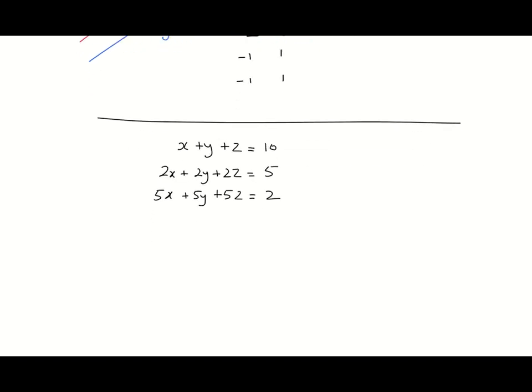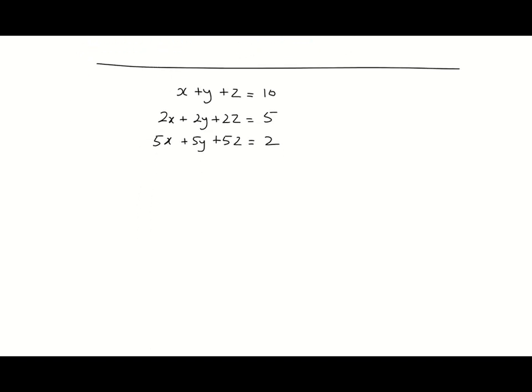Now, if you're not sure whether they're parallel lines, remember how I showed you guys that little matrix that we can create, where you just write the numbers, not the letters. So I'll write this as 1, 1, 1, 10, 2, 2, 2, 5, 5, 5, 5, and 2.